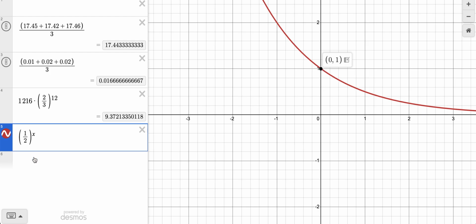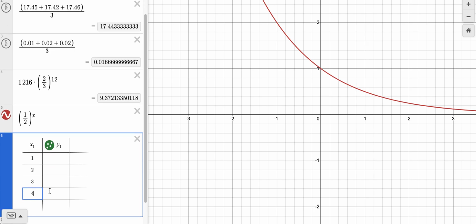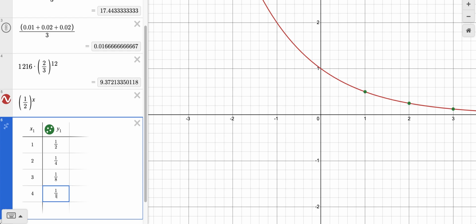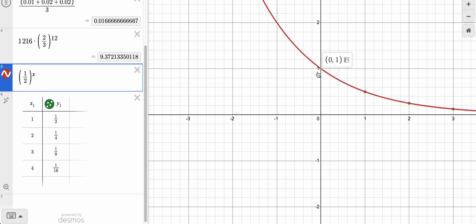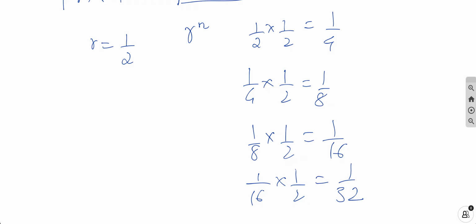Or if you want, you can look at a table of values, 1, 2, 3, 4, and half, 1/4, 1/8, 1/16. Do you see that the values are becoming smaller and smaller? They're approaching 0. You're right that they'll never reach 0, but in a practical situation, half raised to say 100 will become negligible.